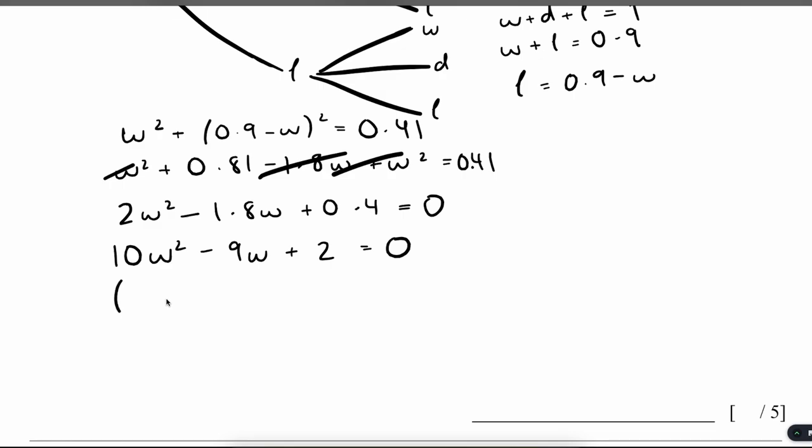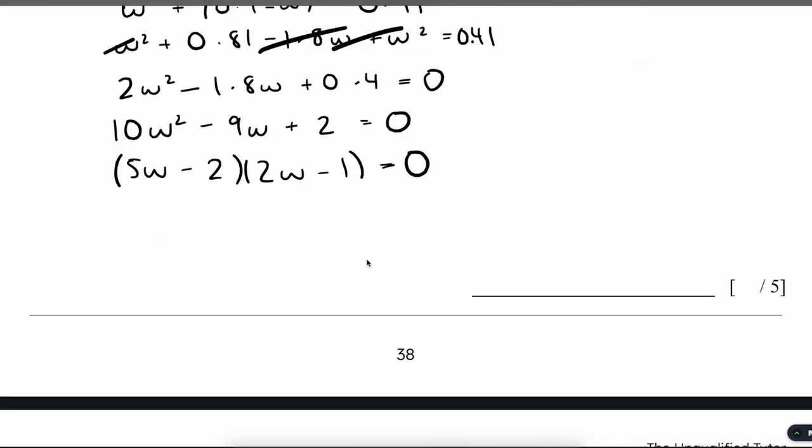So AC equals 20, so we can use 5W and 4W. So that's going to be (5W minus 2)(2W minus 1) equals 0. So we get two solutions basically. W equals 2 over 5 and W equals 1 over 2, or W equals 0.4 or 0.5.